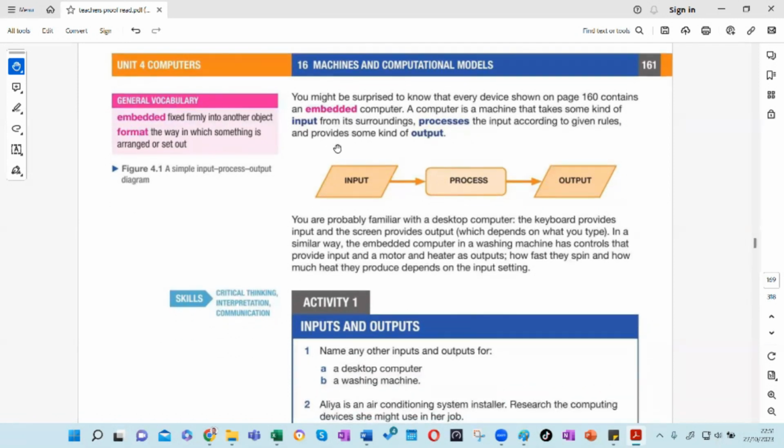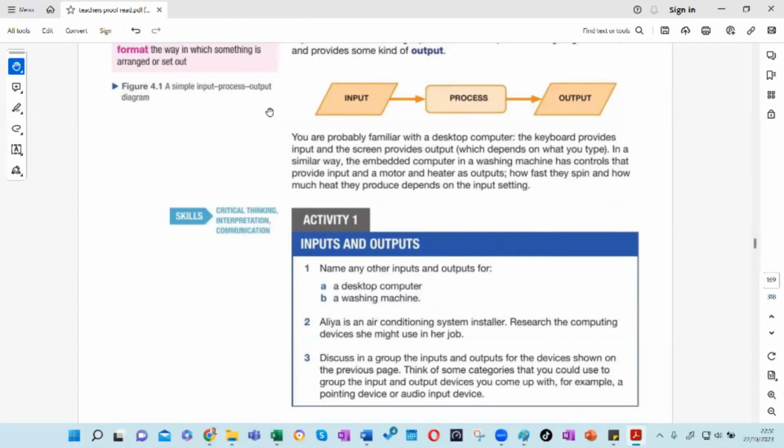They can't be programmed to do other tasks. But they both have the same model: input, process, output, and storage also.